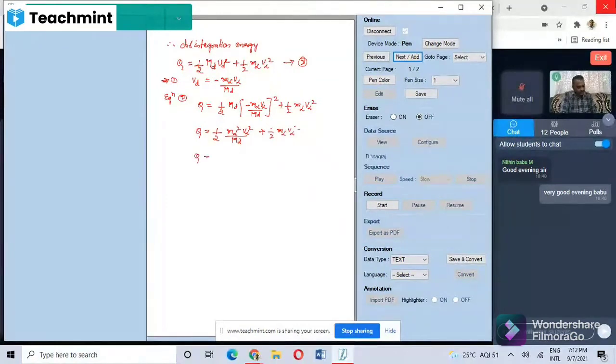So you just take the common half m alpha V alpha square, and you'll get m alpha divided by capital M_D plus 1. Mass of the alpha particle divided by mass of the residual nucleus plus 1.